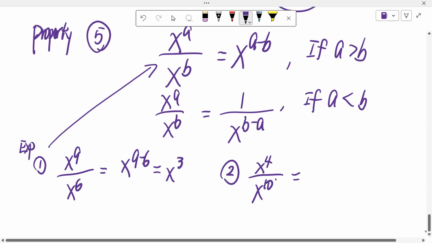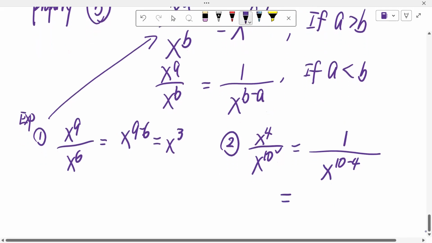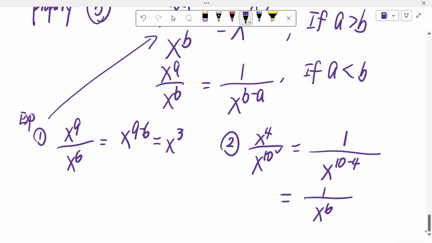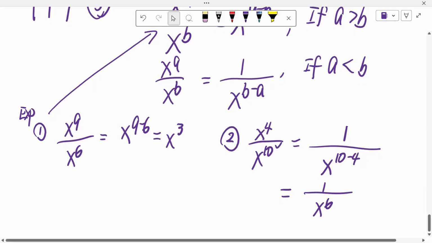Now the power on the bottom is bigger. So you keep it on the bottom and do 10 minus 4. On the top, it's 1. And then you simplify after that, x to the 6. So again, the dominant power determines the outcome. That's how you've got to be flexible in terms of simplifying this.